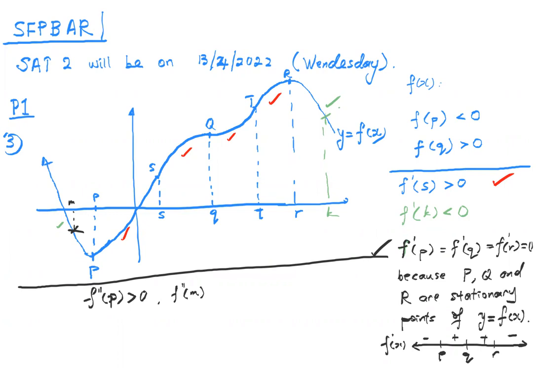So, Dixon, tell me, f double prime m, is it greater than 0 or less than 0 or equal to 0? Greater than 0. Okay, Dixon, give me a reason. Why is it greater than 0?